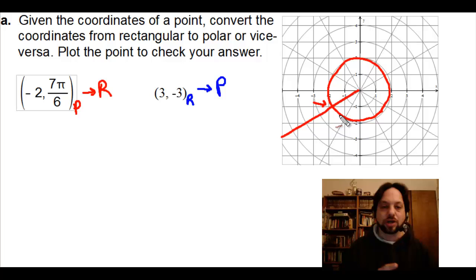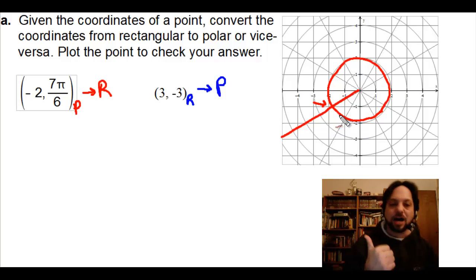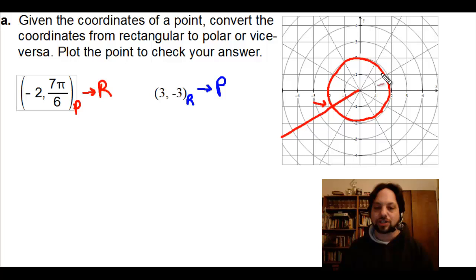That point that I just marked is actually positive 2 comma 7 pi over 6. The negative 2 tells me I actually need to head backwards, go in the other direction. So we're actually going to mark this right here as negative 2 comma 7 pi over 6. And in fact, I'll even write that here. Negative 2 comma 7 pi over 6 is actually going to be right here.